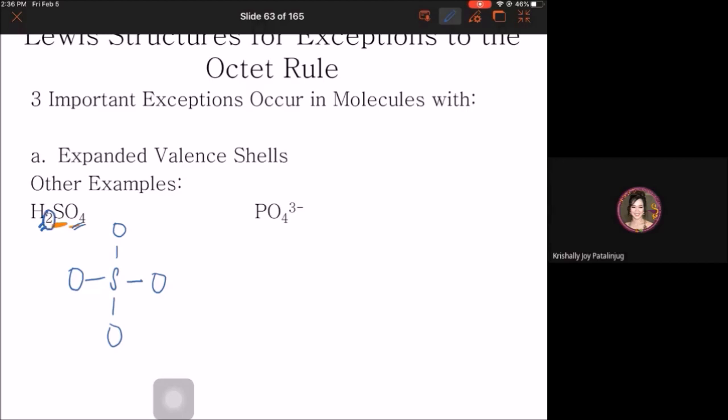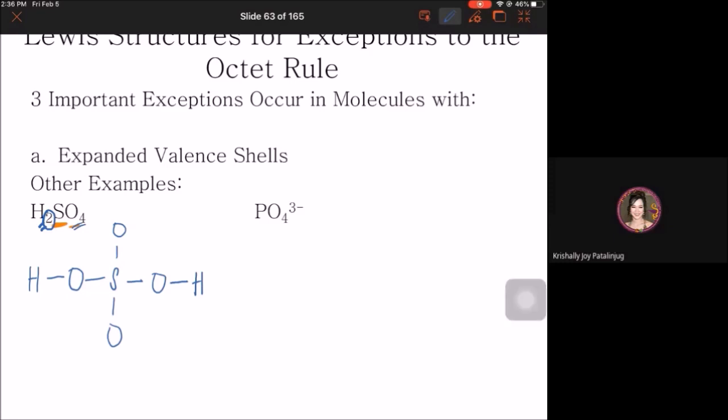Saan natin ilalagay yung dalawang hydrogen? Basic knowledge lang, di ba? We all know ang oxygen can have a stable number of bonds na 2. So, pwedeng may dalawang oxygen dyan that carries or is bonded to a hydrogen. Okay, so most probably this would be the placement of the atoms sa molecule na sulfuric acid.